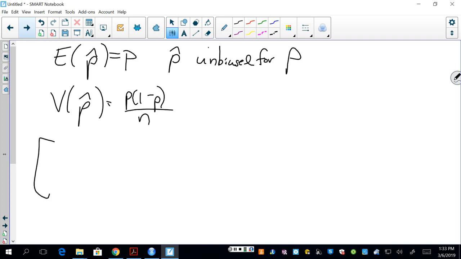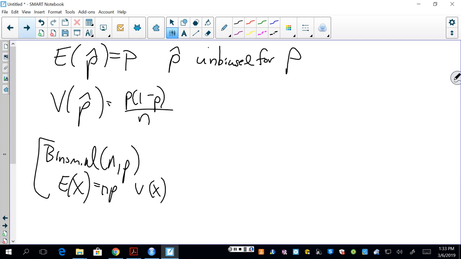This occurred because in the binomial, with n trials and a probability of p, the expected number of successes was n times p, but the variance of the number of successes had this formula of n times p times 1 minus p. And then if you divide by n to get p hat, the n in the denominator gets squared, and so the variance of p hat ends up being that thing. So it's related to the underlying probability distributions where we get this special formula for standard errors.